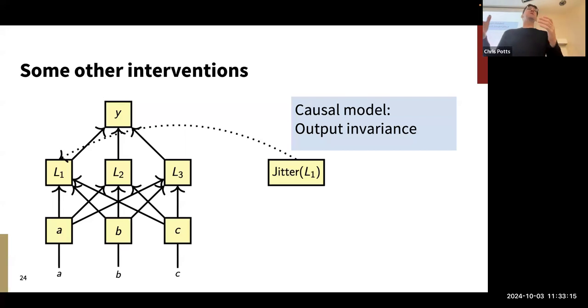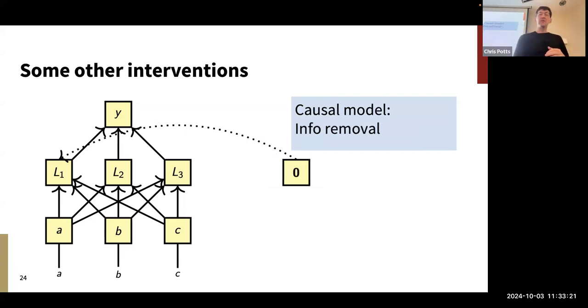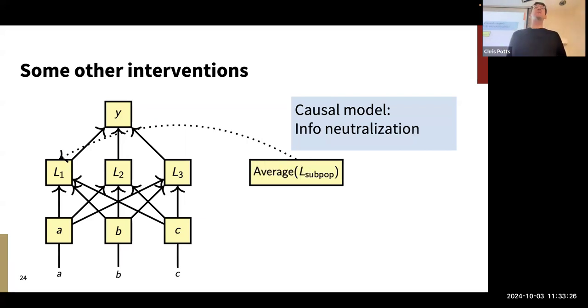That is also an intervention in the family that I'm talking about, and you could also train against it to maybe make the model more robust. You can also do things like zeroing out representations, or maybe replacing them with an average over some part of the population of examples that you're interested in. And that's a kind of way of seeing what happens when you effectively remove that information. Does it affect the network behavior, and if so, how?